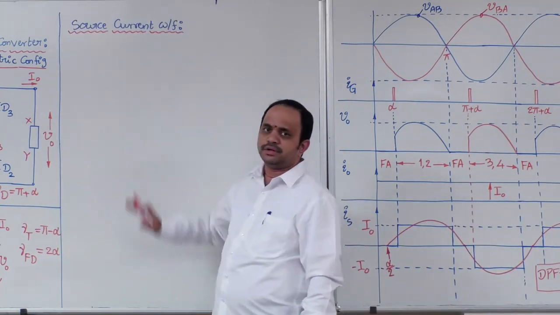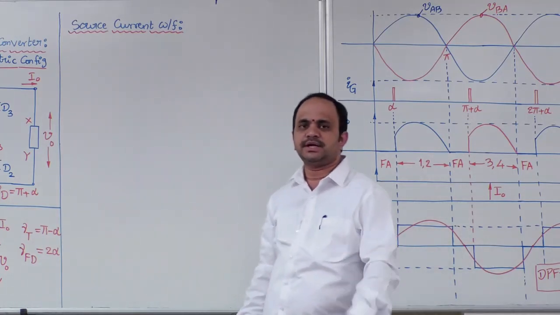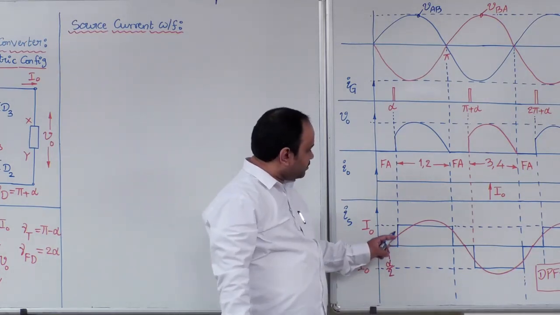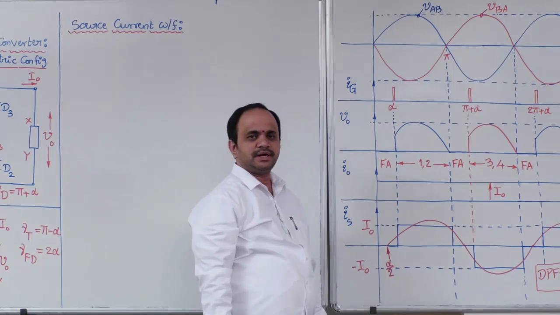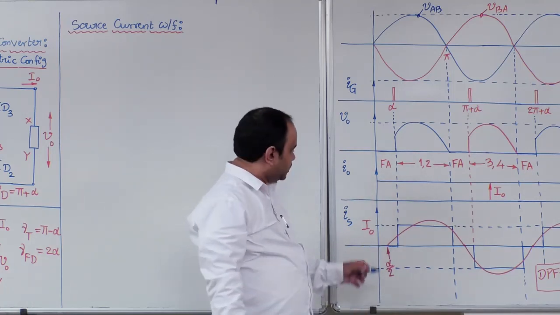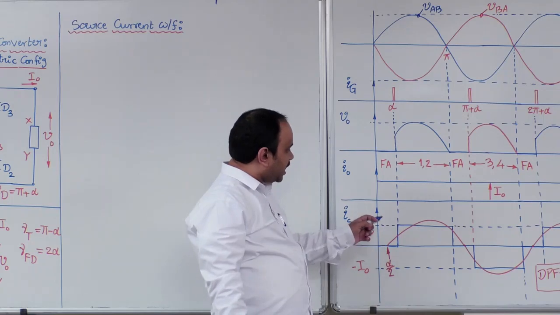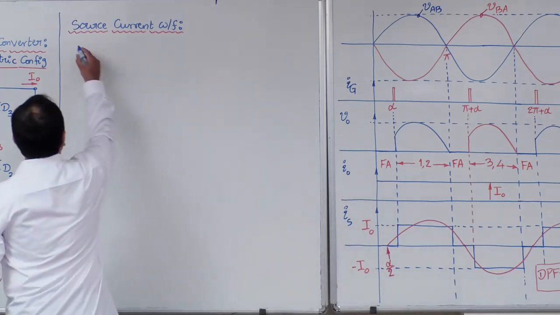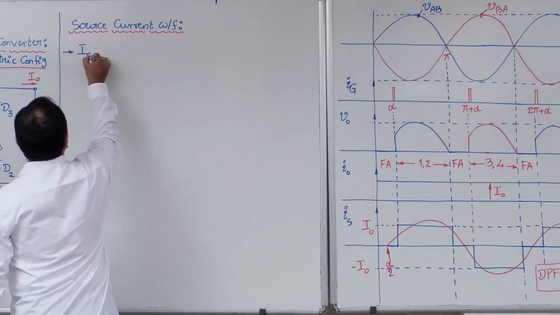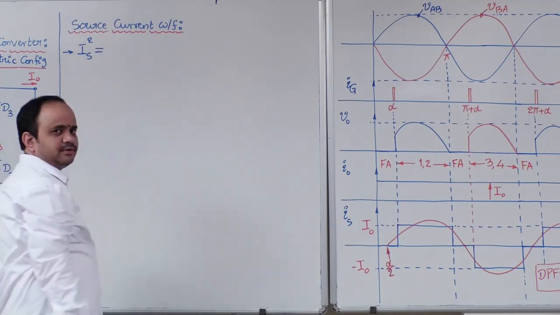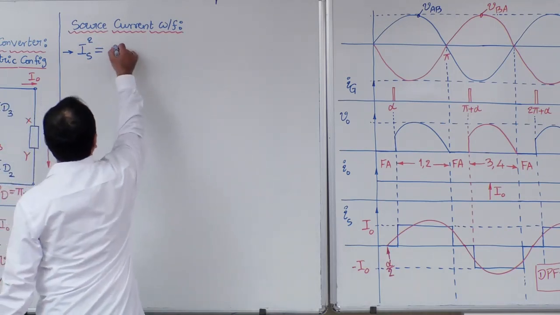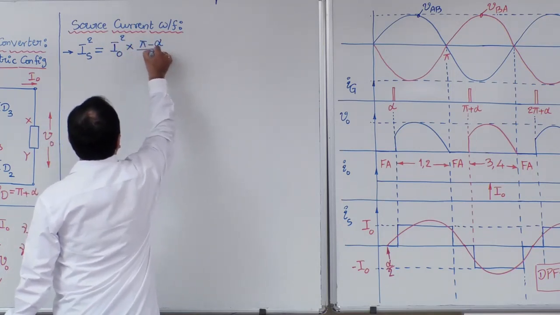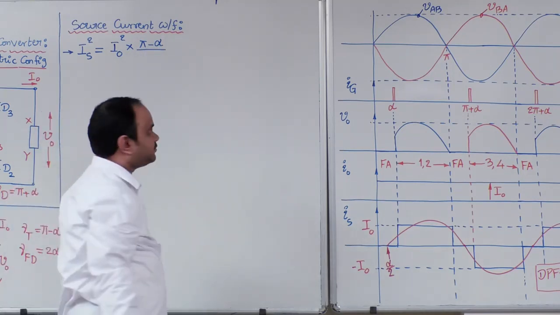Next, let us look into conclusions based on the source current waveform. The first calculation I want is the RMS value of this source current waveform. This is a quasi square waveform. In fact, we discussed the RMS value for the same waveform in our basics class. So if you recollect, I can write the RMS value of the source current. First let me write IS square is equal to I0 square multiplied with the function duration, that is pi minus alpha.